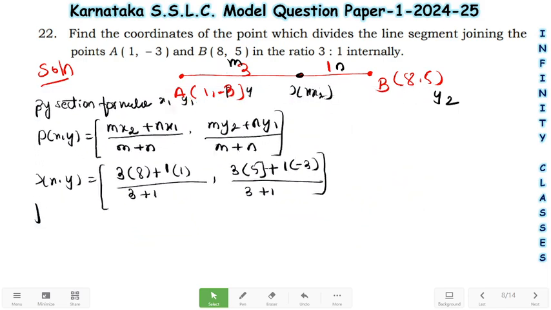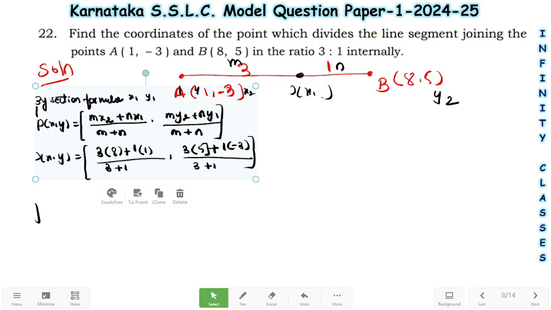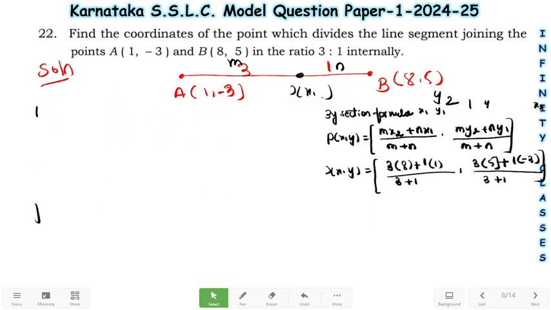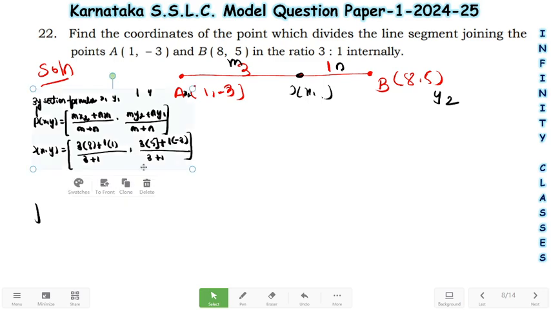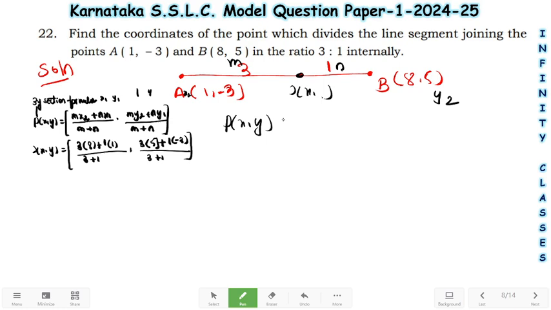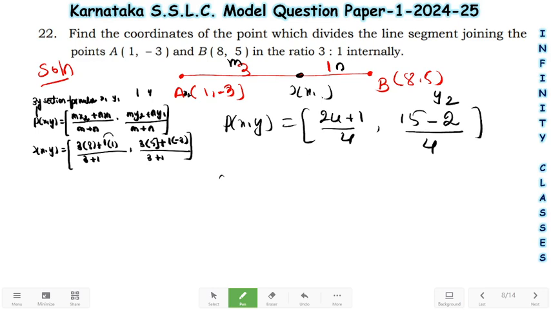Next I am going to write the next step, that is P of (x, y) is equal to 3 eights are 24, 1 into 1 is 1, so 24 plus 1 divided by 4, and 3 fives are 15 plus 1 into minus 3 is minus 3... so 15 minus 3, divided by 3 plus 1, which is 4. Then x is equal to what here?